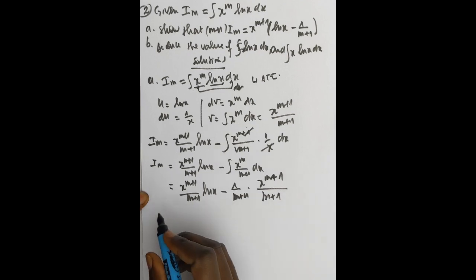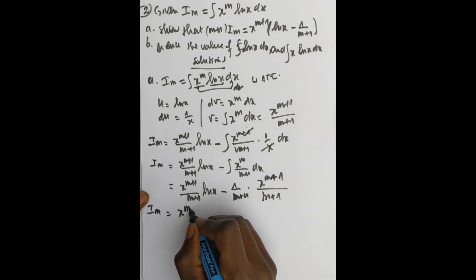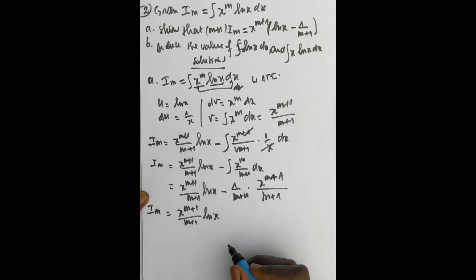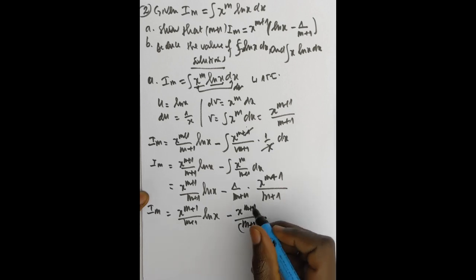So I can have Em to be equal to x power m plus 1 over m plus 1 ln x negative x power m plus 1 over m plus 1 square, the multiplication of this and this.